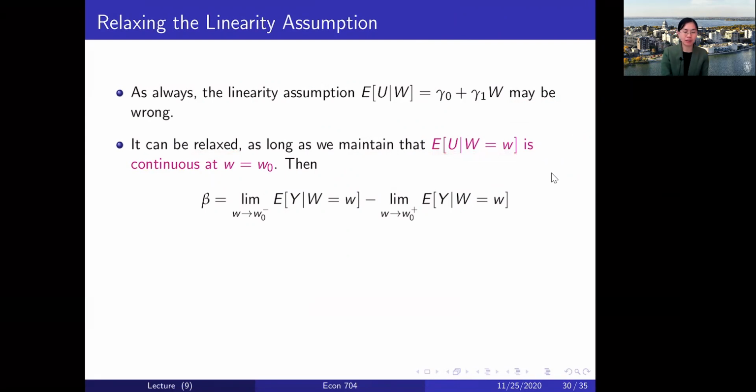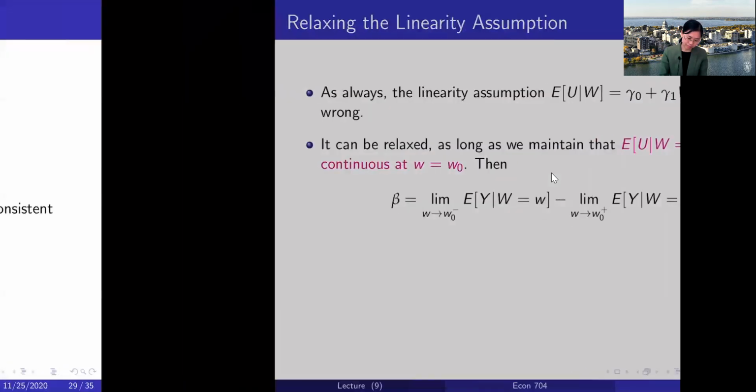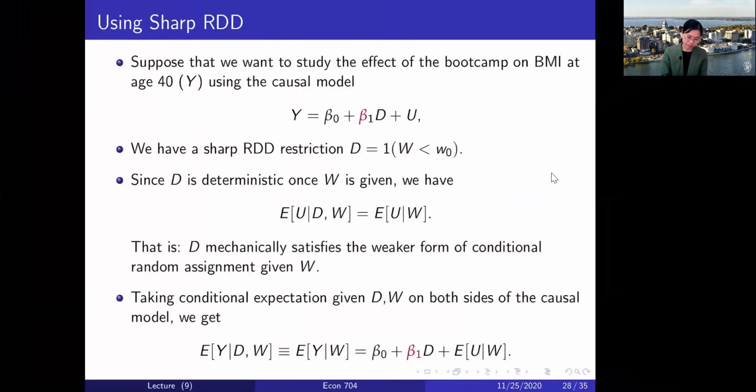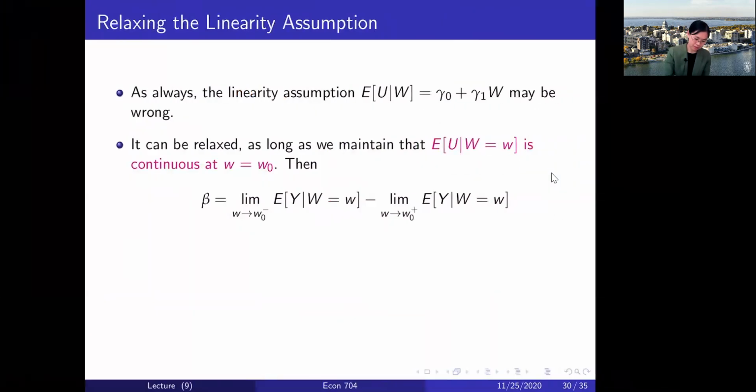If it is continuous in W, then we can derive that beta 1 will be the difference between the left limit of E[Y | W = w] and the right limit of that.